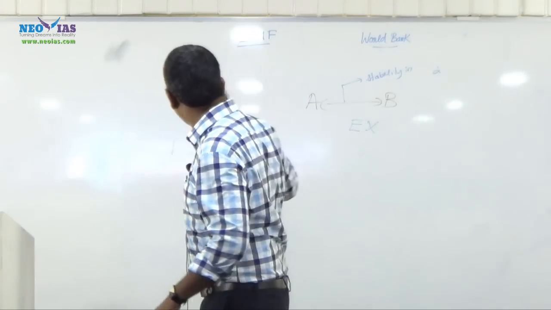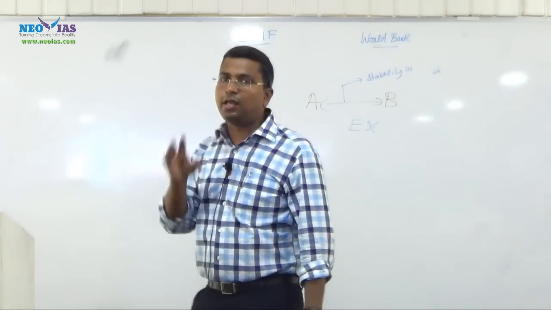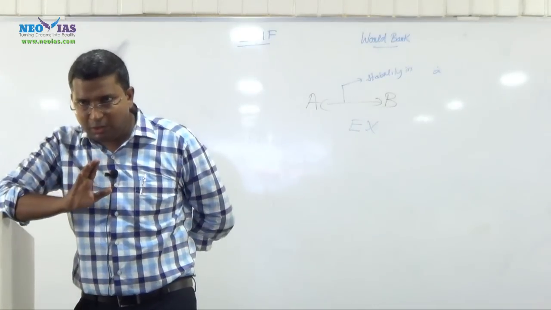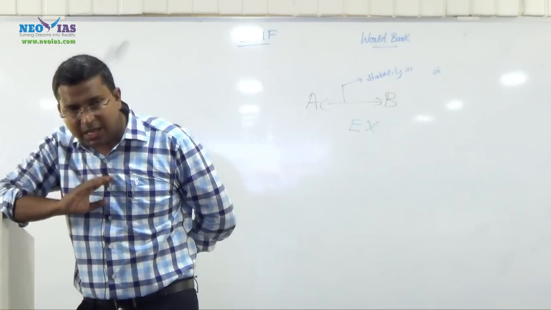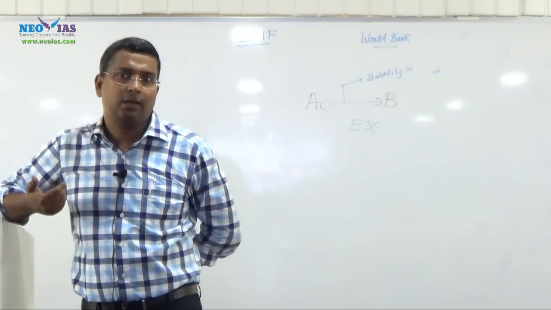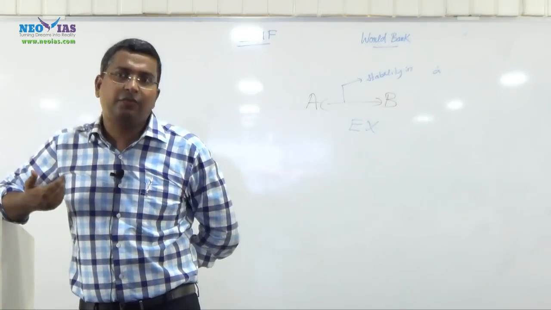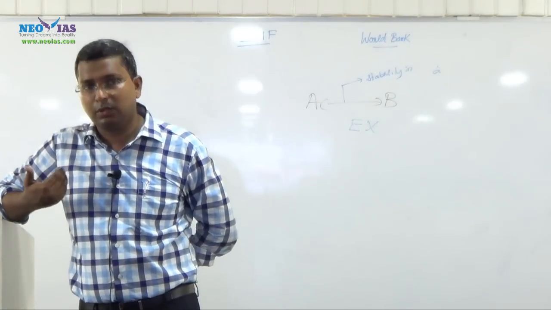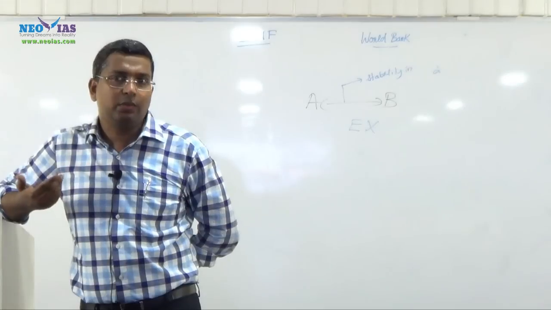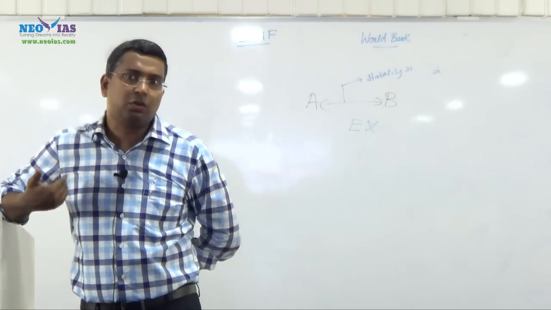Okay, so for this function to be taken care of, to promote the smooth functioning of the international monetary system, in 1944, I told you, the Second World War was not over. The Second World War got over in 1945 only.